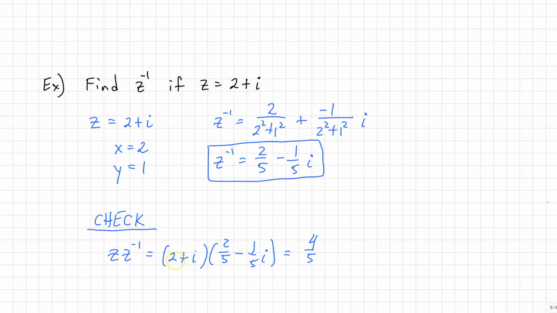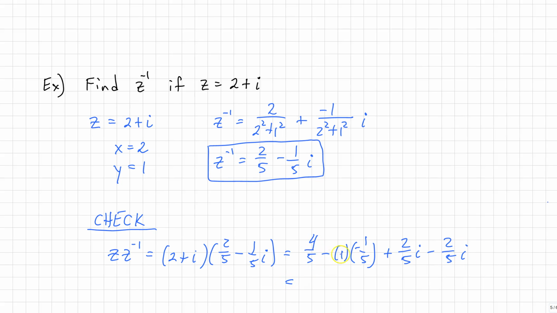And then we'd have minus 1 times negative 1/5, plus, let's see what its imaginary parts would be, we'd have 2/5 i minus 2/5 i.